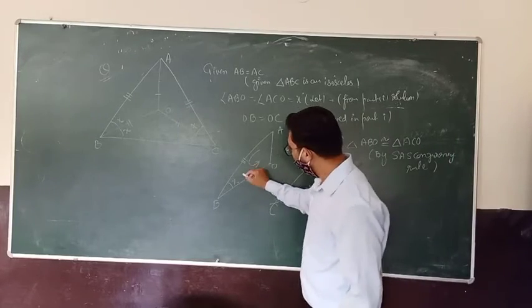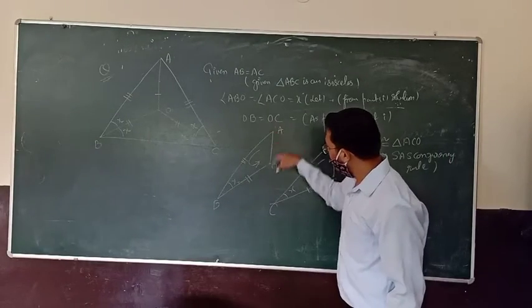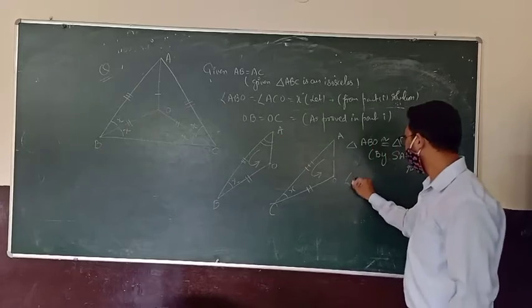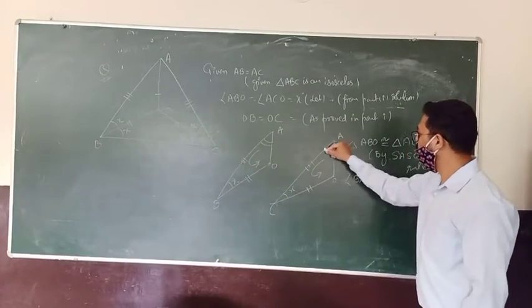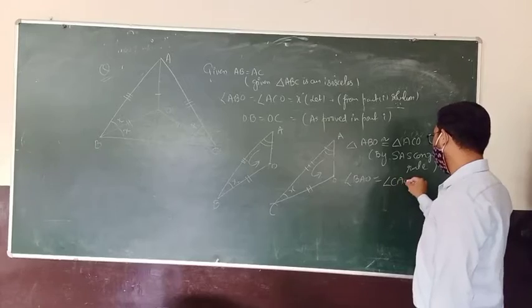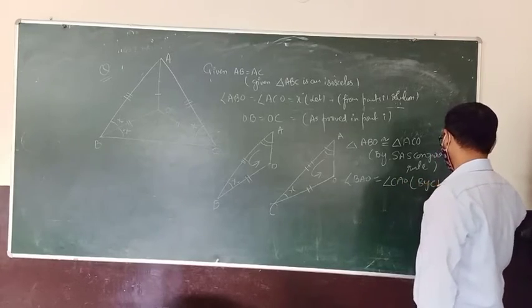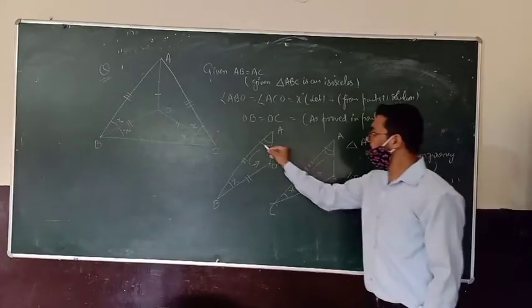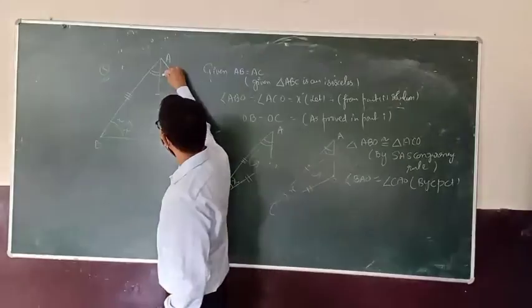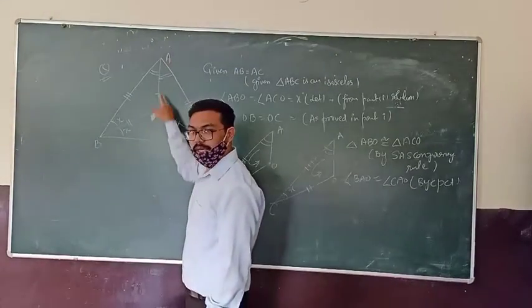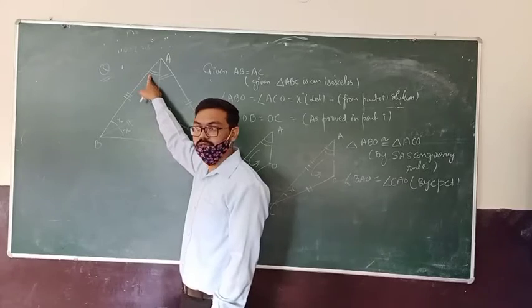So now I can write BAO is equal to CAO by CPCT. Now if these two angles are equal, you can say that OA bisects angle A. Yes or no?